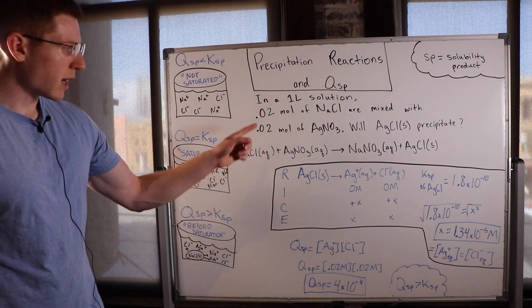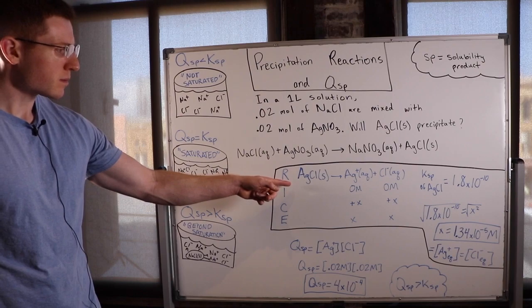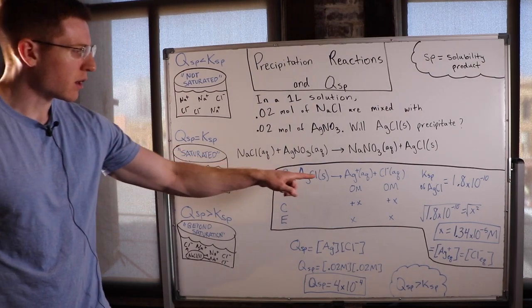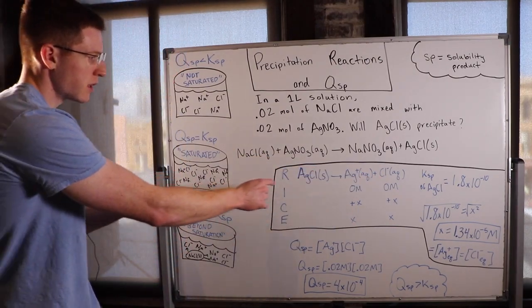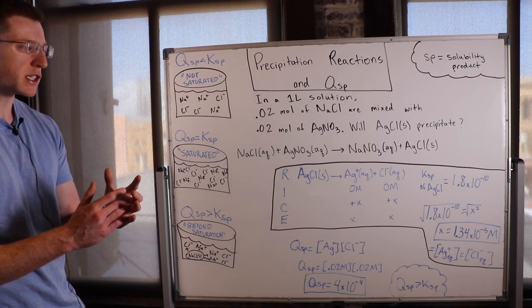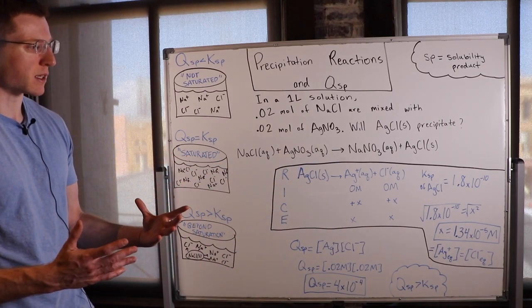Okay, so in general how you solve these problems is you start out by figuring out what is the saturation concentration of these ions. What does that have to be? How many ions of silver and chlorine can be in a solution until just adding a single more AgCl molecule would cause a precipitate?